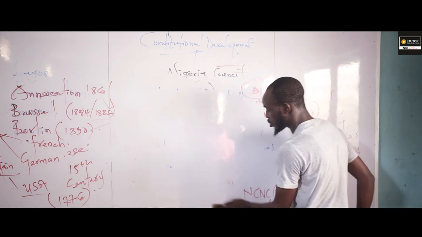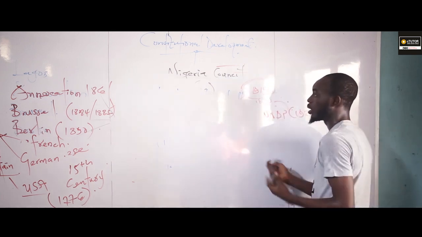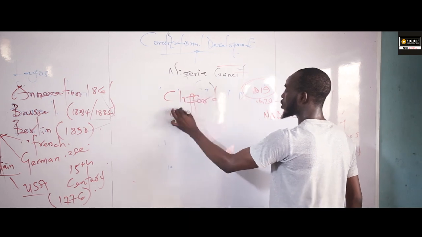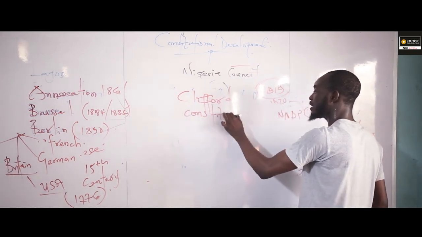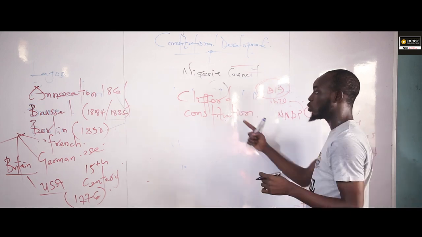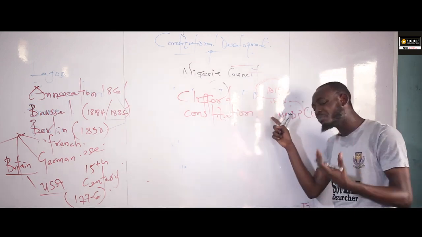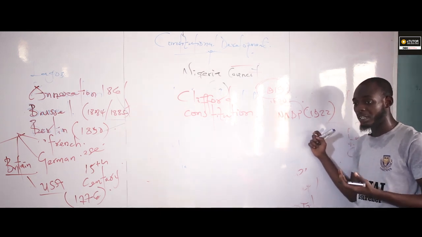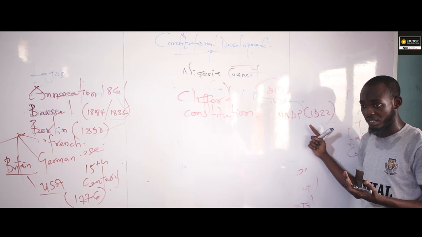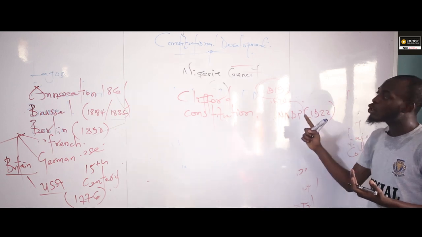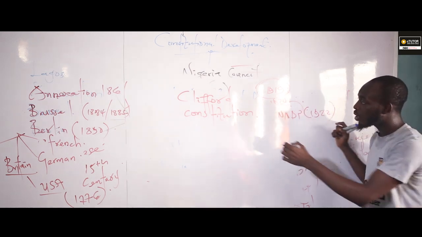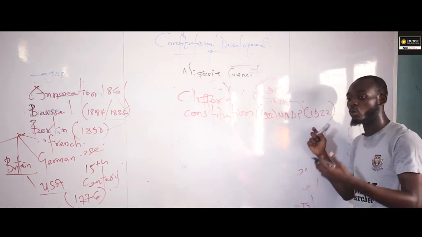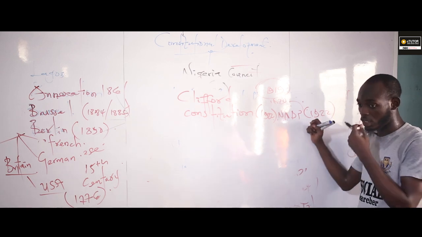Don't forget that I said what led to the Clifford Constitution was NCBWA, the National Congress of British West Africa, the popular movement that existed in 1919. So this Clifford Constitution existed in 1922 just because of the chances given to us by Winston Churchill.